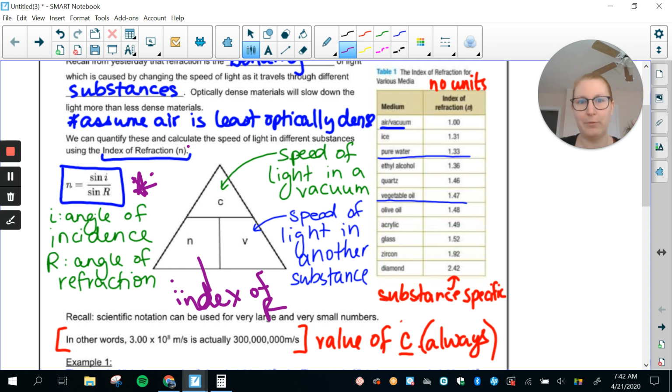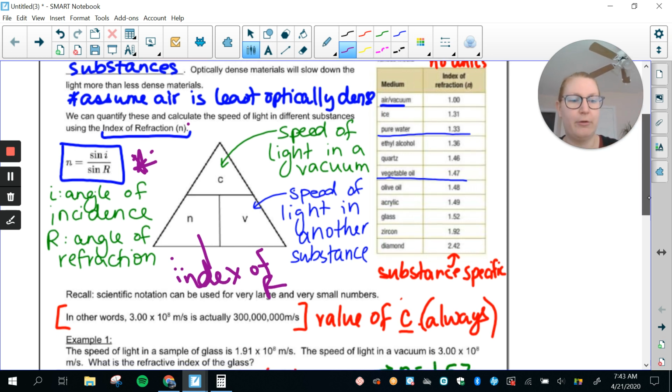So in real life, we know that air does have particles, but this is the closest value we have for air. So for air, we always assume, and also for a vacuum, if we were in space or if we had some man-made version of that, it's always going to be the exact same speed. It's what we call a standard.